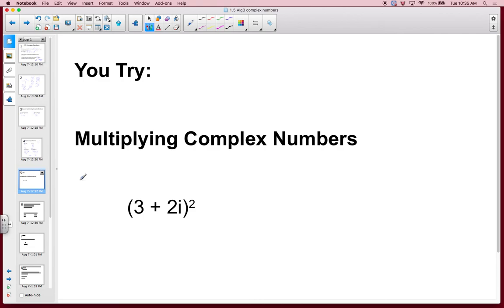All right, you guys are going to give this one a try on your own, see how you do with that. All right, so hopefully you gave that a try. Noticing that 3 plus 2i squared is the same as writing 3 plus 2i times 3 plus 2i. All right, so again, we're going to FOIL it. First, 3 times 3, 9.